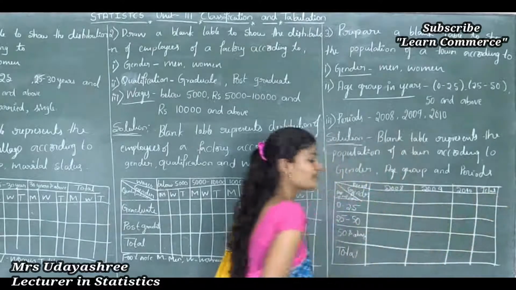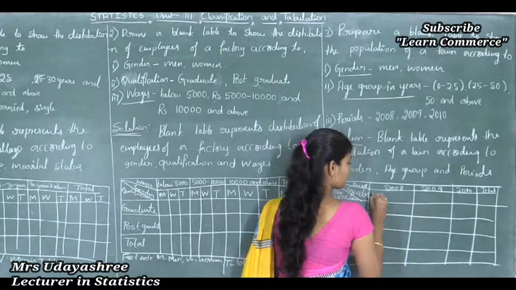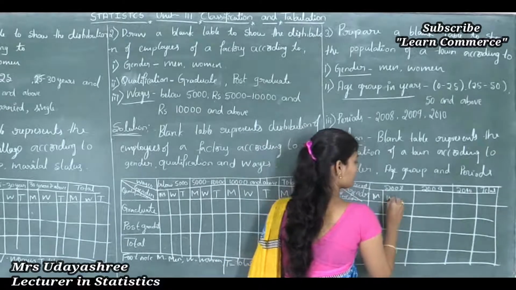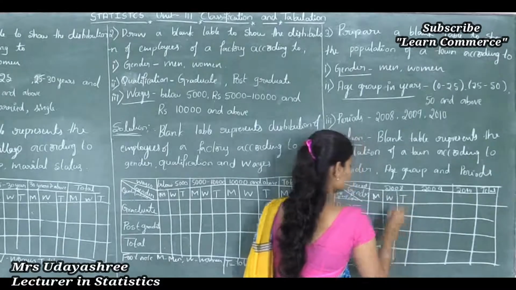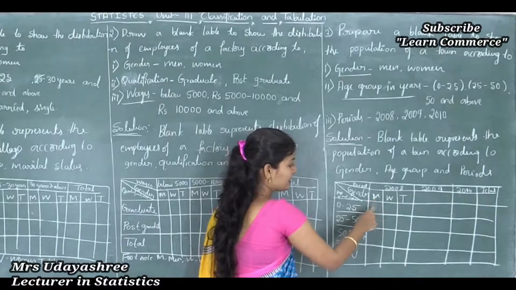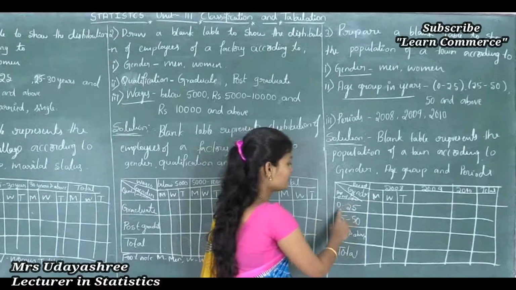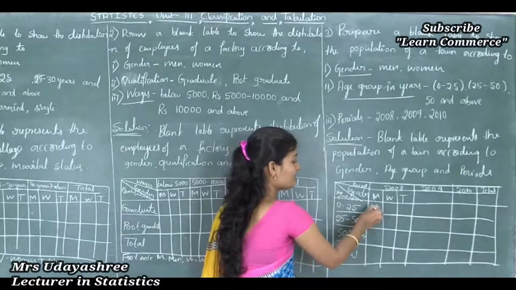So here next I will write gender in 2008. This cell represents in 2008 the men population in the age group 0 to 25, some values here.